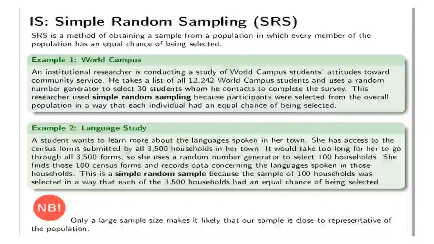Again, this is an example of a simple random sampling method, because the sample of 100 households was selected in a way that each of the 3,500 households had an equal chance of being selected.